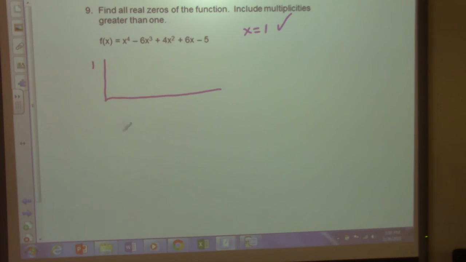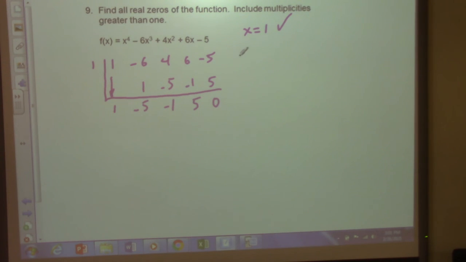And so we get 1, was it 1 here? Yeah. And then 1, -6, 4, 6, -5. All right. So 1, that's 1, right? And then -5, -1, 5, 5, 0, right?